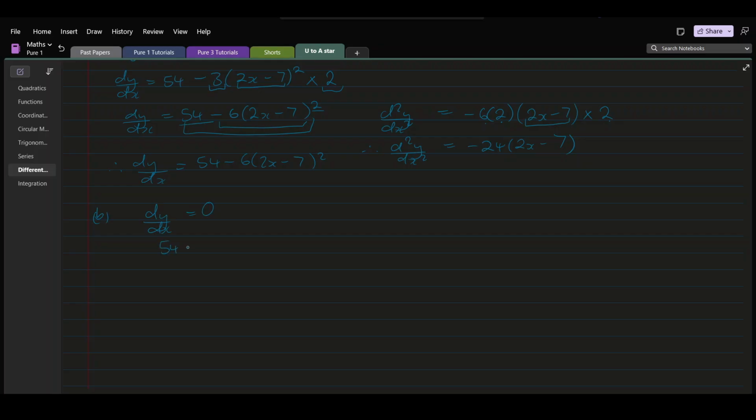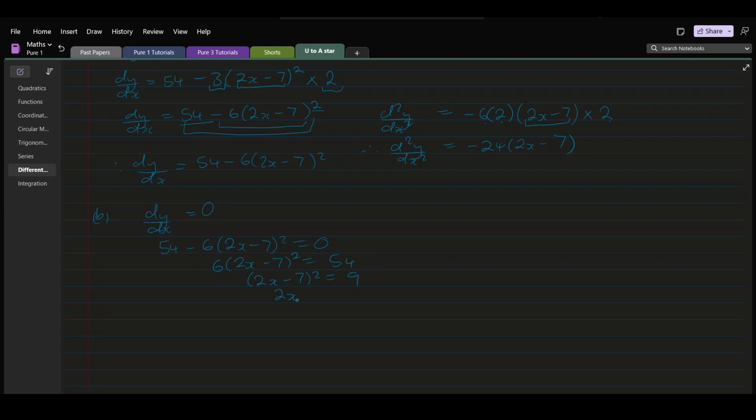So 54 minus 6 times (2x minus 7) squared is equal to 0. Notice how our gradient function is already in its completed square form. So we use the completing the square method to solve our quadratic. So that becomes equal to 54. Divide both sides by 6. So (2x minus 7) squared is equal to 54 over 6, which is 9.